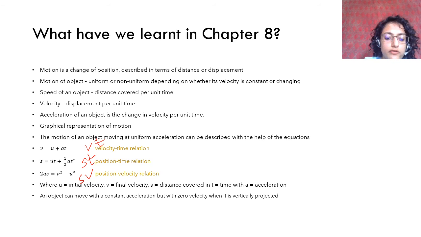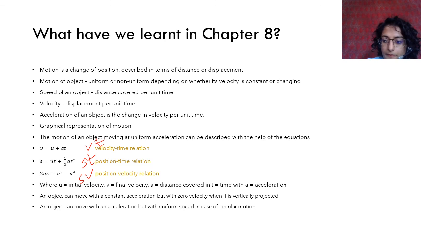An object can move with a constant acceleration but with zero velocity when it is vertically projected. We saw this in one of the previous questions. Constant acceleration but zero velocity at the topmost point when it is vertically projected.